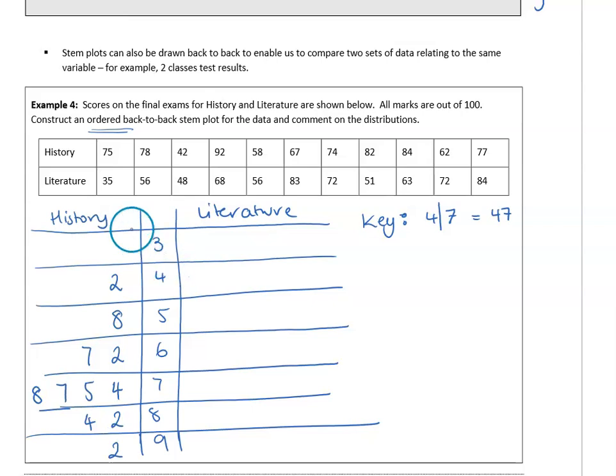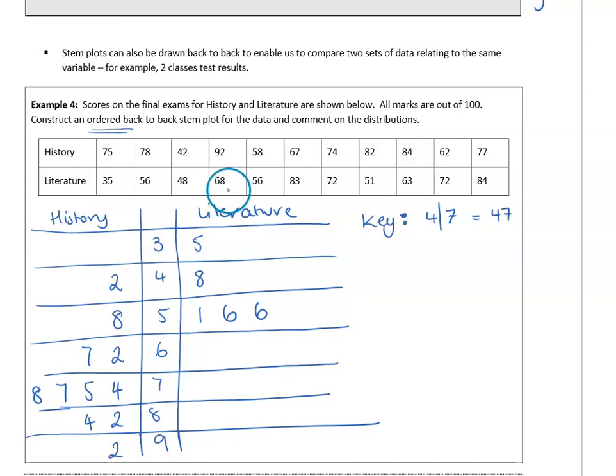Starting this time in the 30s, I have 35. In the 40s, I have 48. 50s, I've got 56, 56, 51. So 1, and I've got two 6s, so I represent them separately.